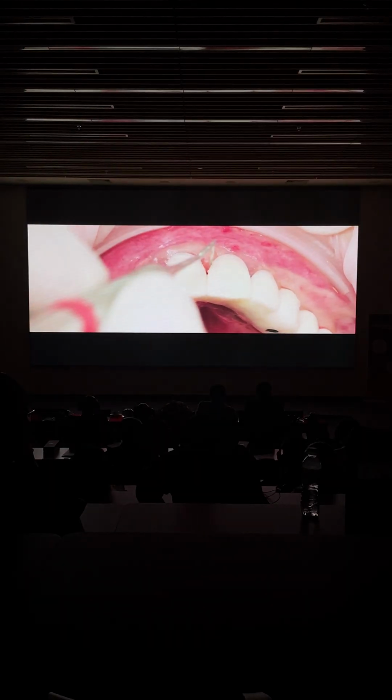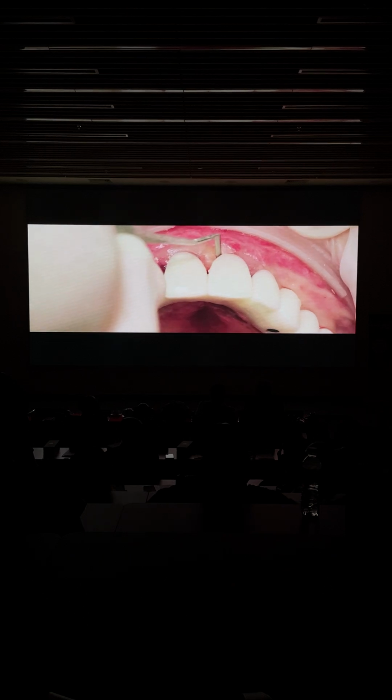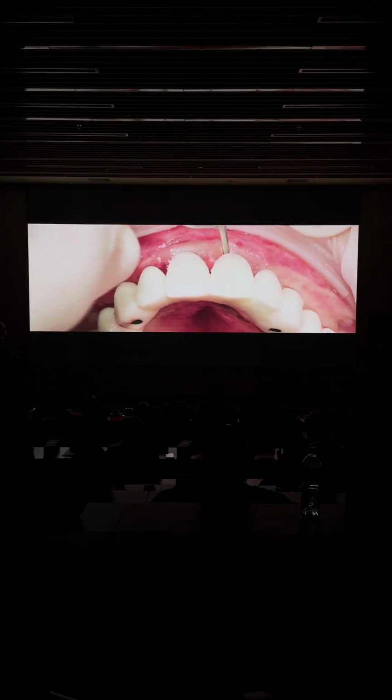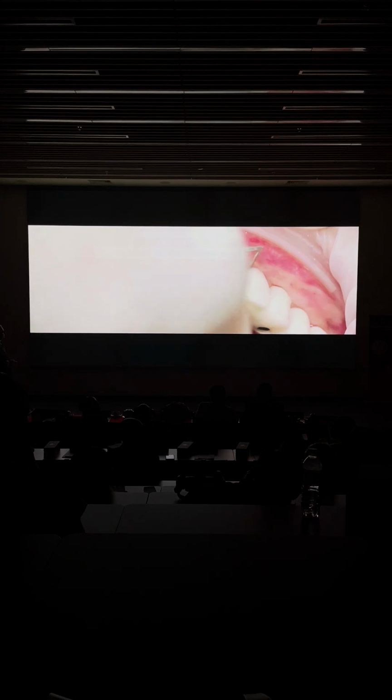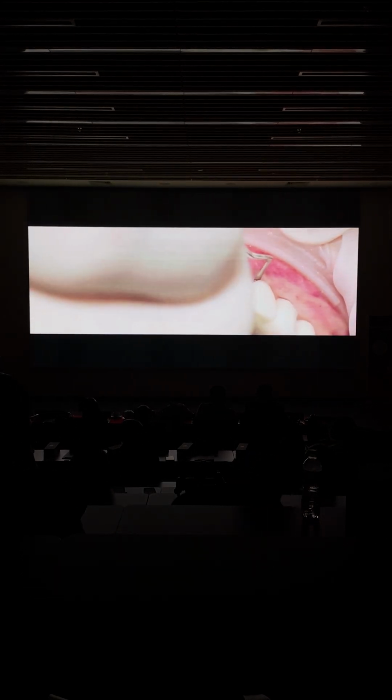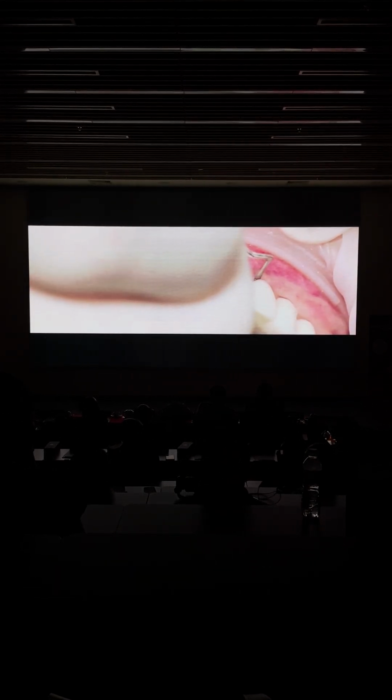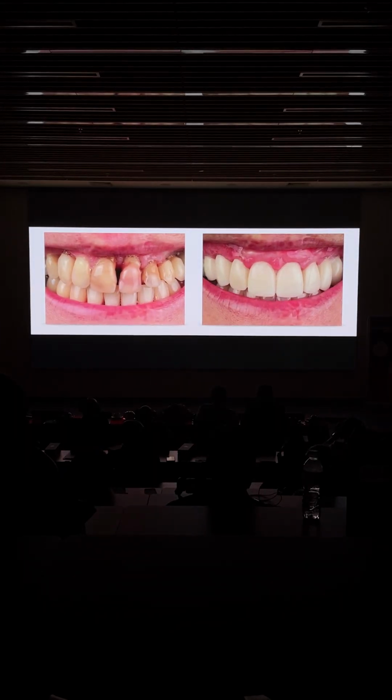And the most important thing is to have an idea how deep my finishing line has to go underneath the soft tissue in order to support that emergence profile. Okay? And this is not easy to create. We use cords in order to achieve this result.